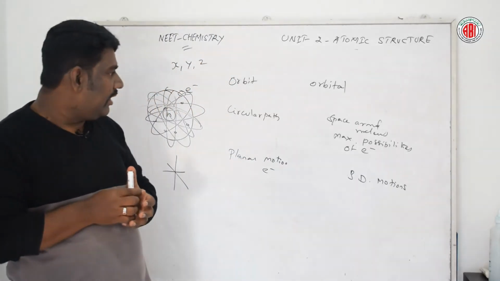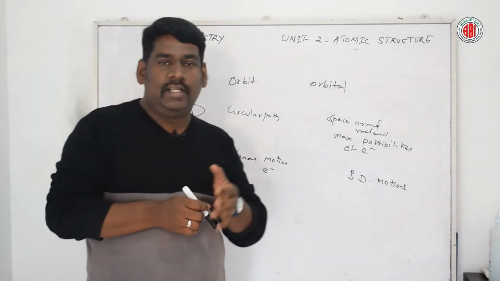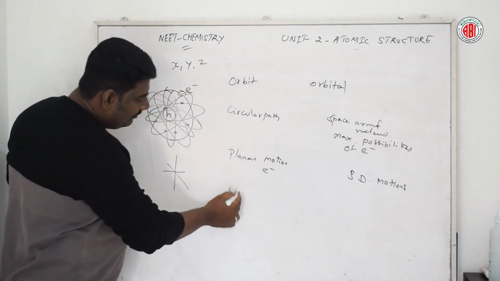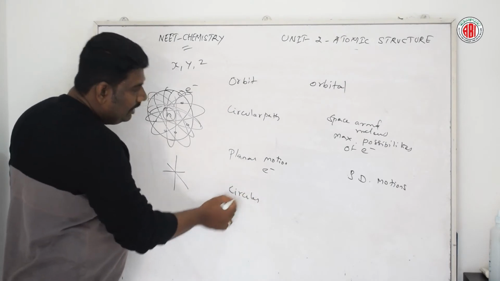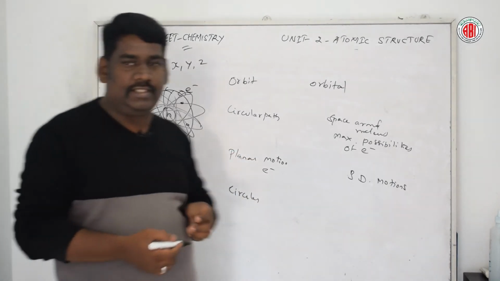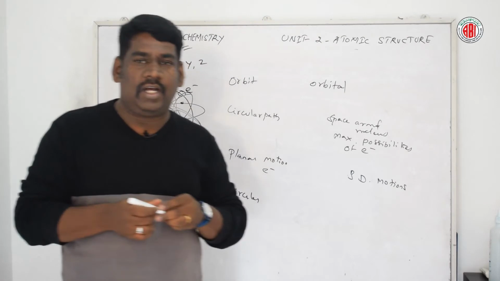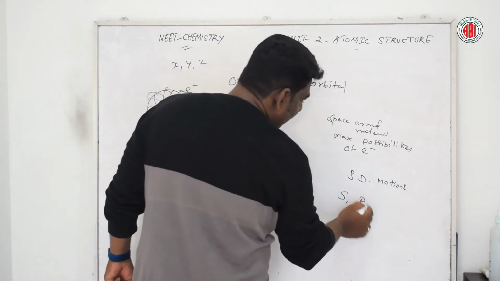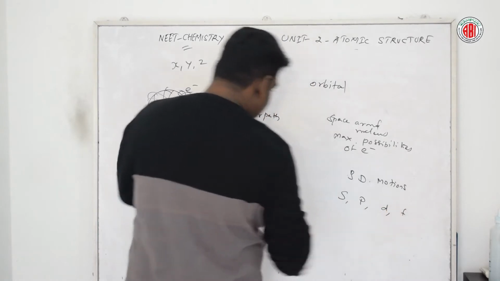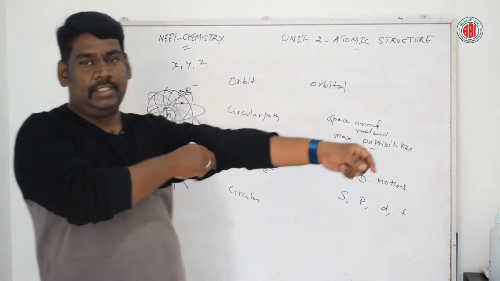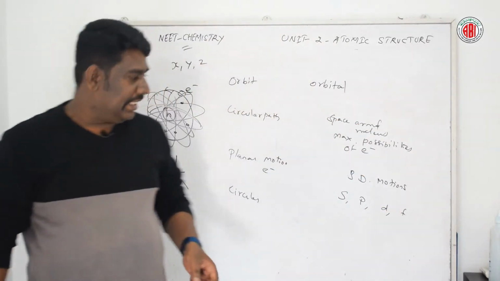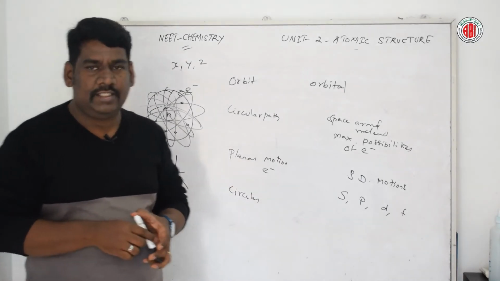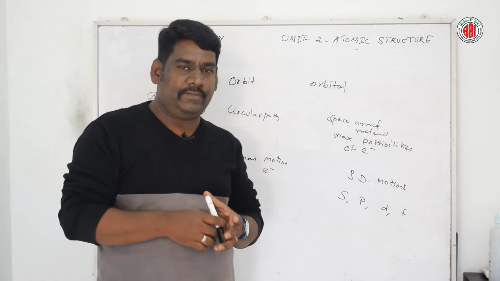Next, talking about the shape. All orbits are circular in shape, whereas orbitals have many types: s orbital, p orbital, d orbital, f orbital. The s orbital is spherical in shape and the p orbital is dumbbell shaped.